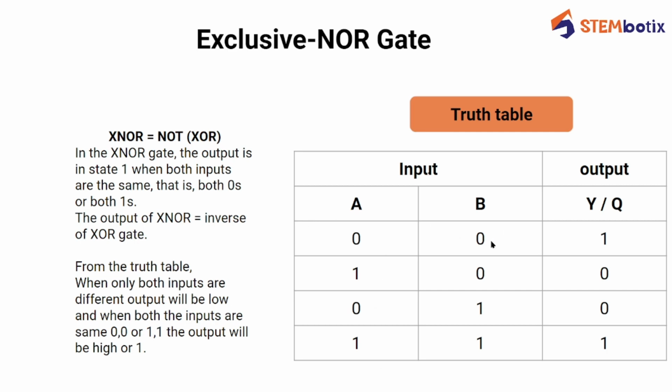Whenever both the inputs are the same, meaning 0 and 0, input A is 0, input B is 0, then you will get output as high or 1. If you have both the inputs different, meaning one is 1 and another is 0, or A is 0 and B is 1, then you will get output as 0 or low. But when both the inputs are high or in state 1, A also in state 1 and B also in state 1, then you will get output as high or 1.